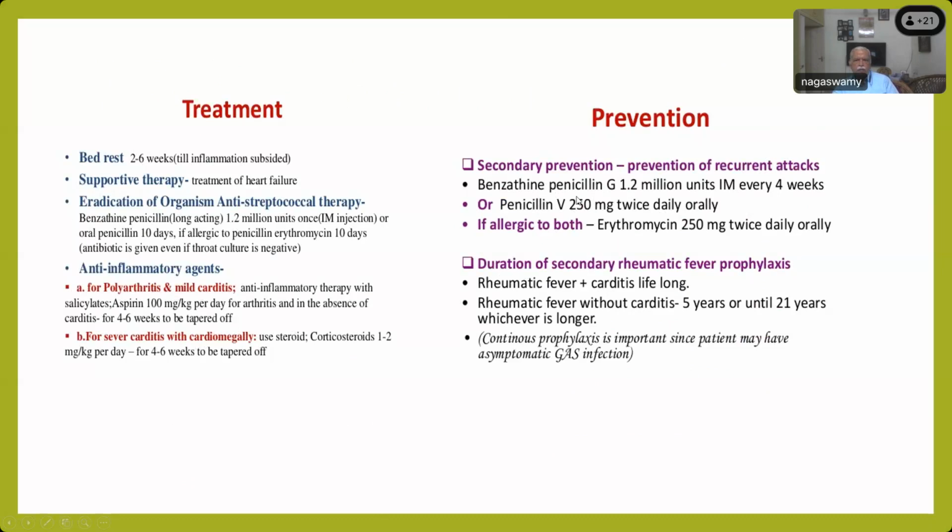Then we can do secondary prevention with penicillin, or if the patient is allergic to penicillin, you can give erythromycin 250 milligrams twice a day for usually 15 days. Continue for 3 to 6 months like that. And then the duration of secondary rheumatic fever prophylaxis is lifelong. For rheumatic fever carditis, from 5 years until 21 years, you have to continue this antibiotic therapy.